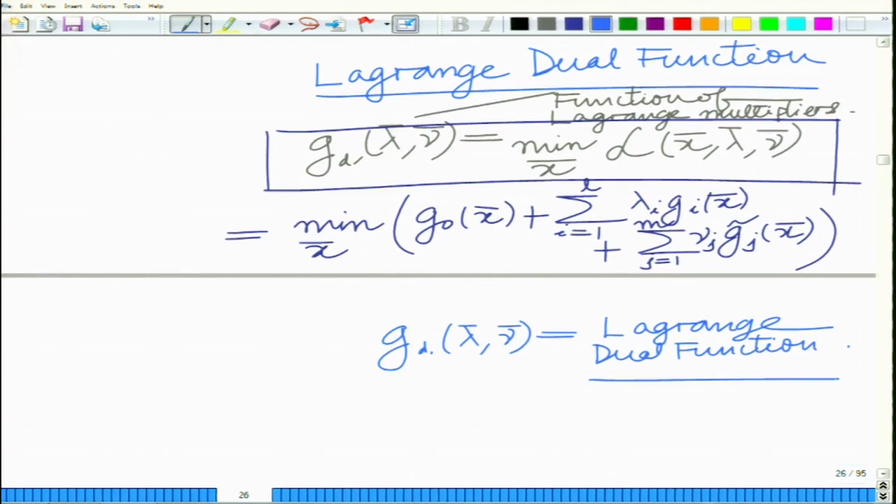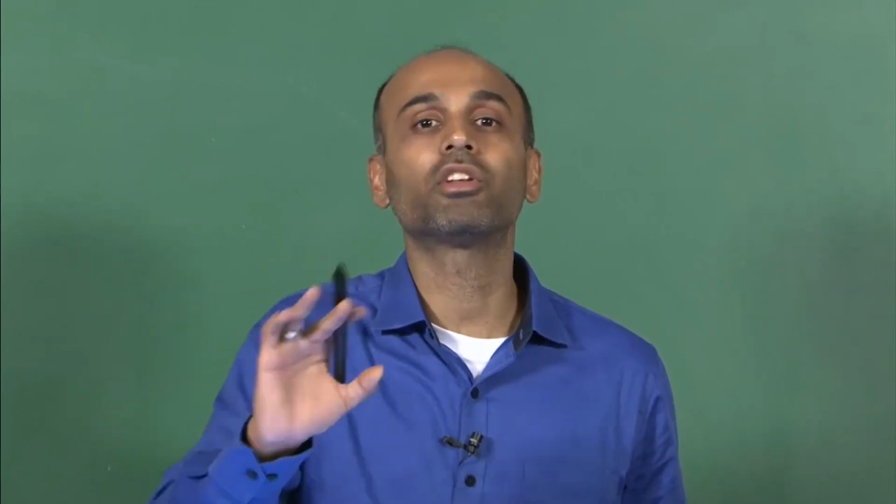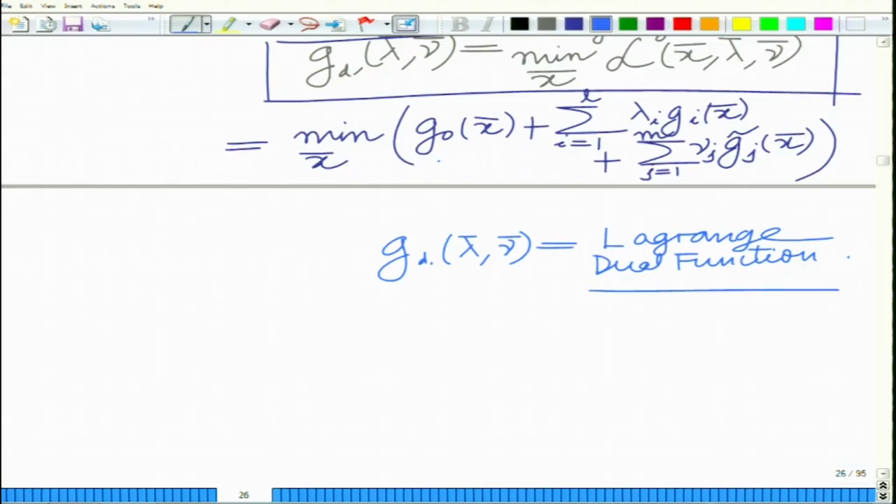Remember, and I am repeating this again, it is important to remember that we have started with a standard form optimization problem which is not necessarily convex, and this Lagrangian dual function has a very interesting property. The Lagrange dual function can be shown to be concave in nature, irrespective of the original optimization problem, which need not be convex.